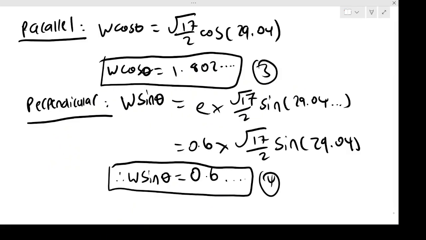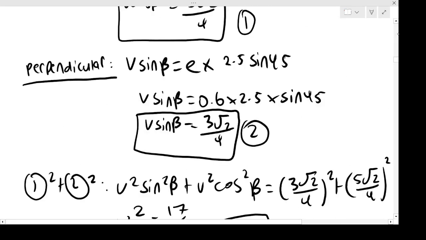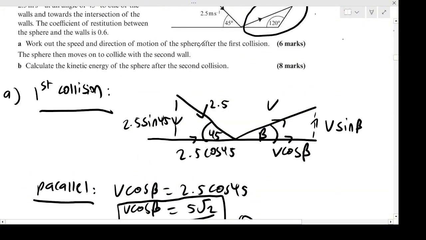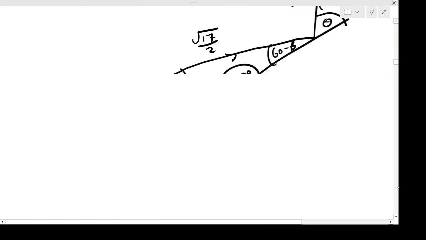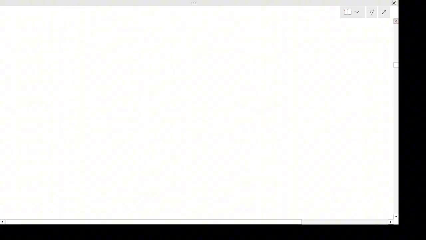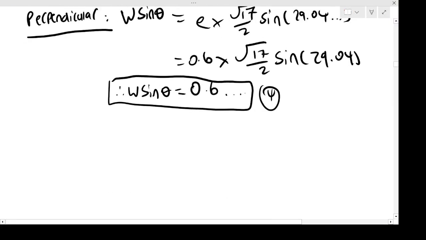Okay, now if you look at the question, it only wants the kinetic energy. Now remember, kinetic energy is to do with speed, so it's not asking for the angle here. So actually we just need to find the speed. So if we just square it then to get the speed, so square the two equations.